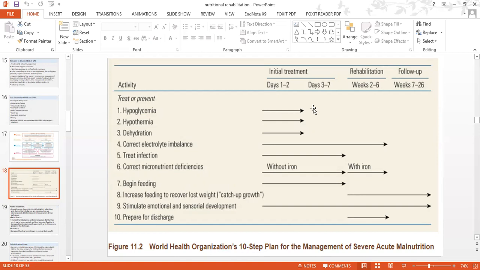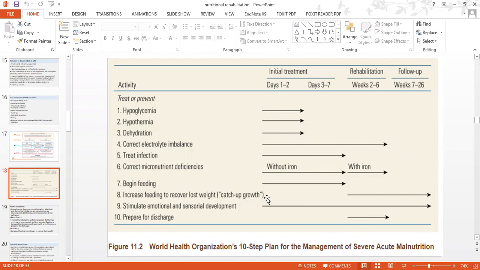You can see here that after initial treatment of hypoglycemia, hypothermia, and dehydration, in the rehabilitation phase we start, although the correction of electrolyte balance starts in the initial treatment phase, and it continues into the rehabilitation phase also, along with correcting the micronutrient deficiencies, which have been started in the initial treatment phase and are continued in the rehabilitation phase also. And all along, from the very first day, is the stimulation of emotional and sensorial development.